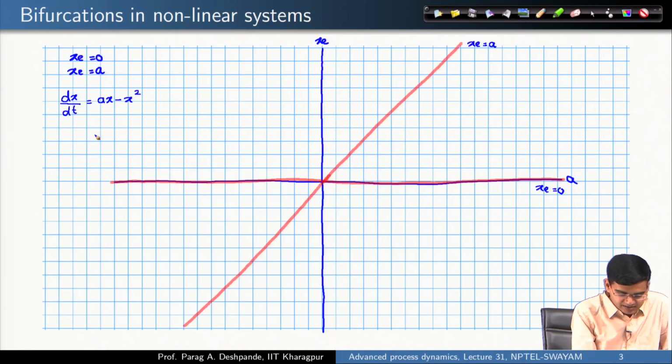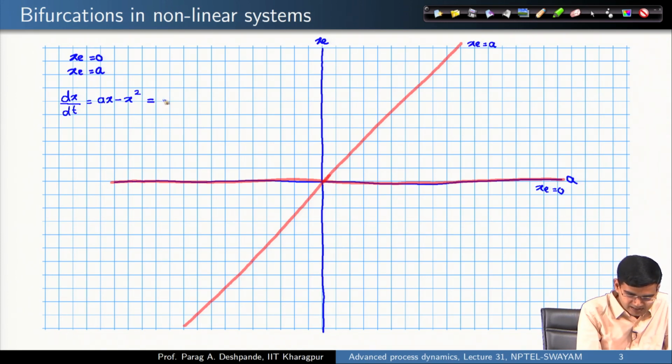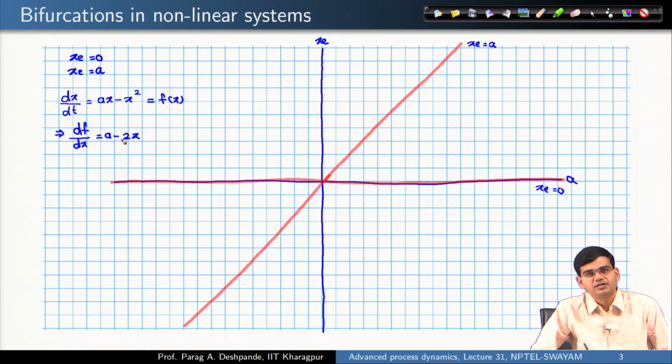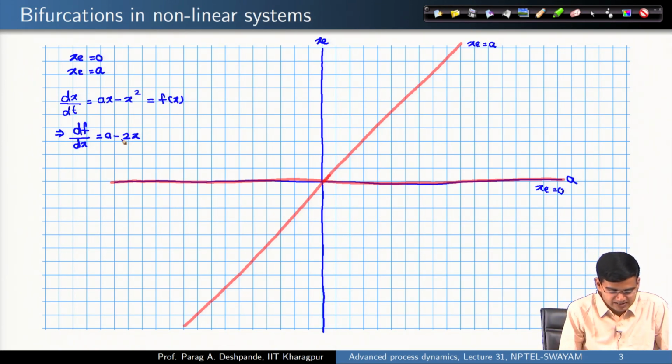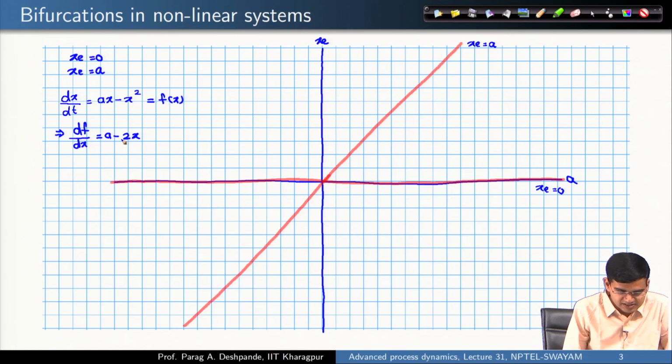So, then what I will do is I will assign this as f of x, from where I get df by dx is equal to a minus 2 x. Okay. So, df by dx is equal to a minus 2 x, and this has to be determined at x is equal to 0 and x is equal to a. So, therefore, df by dx at x e is equal to 0 is a.